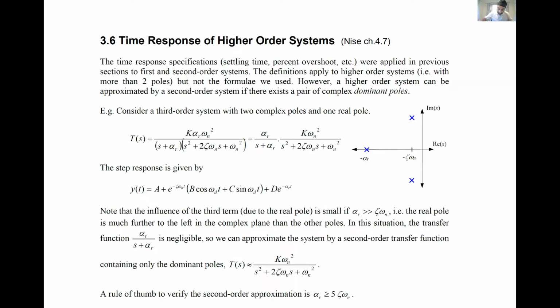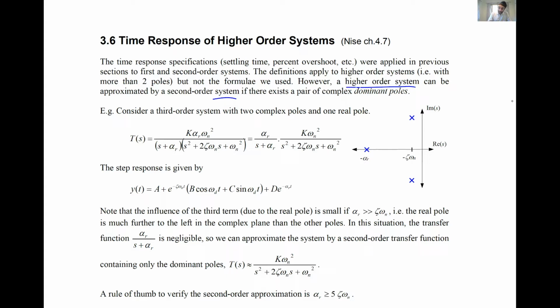So over here, if you look at the topic, it says a higher order system can be approximated by a second order system if there exists a pair of complex dominant poles. Actually, the same thing can also hold true for approximating a higher order system by a first order system.